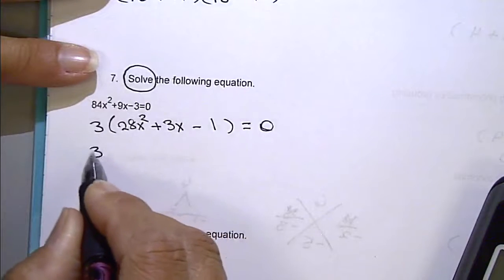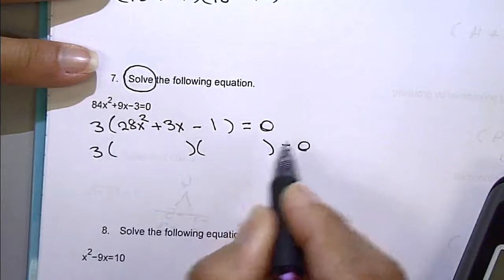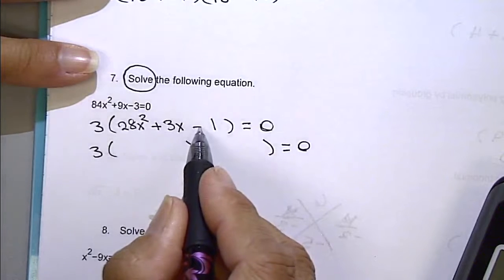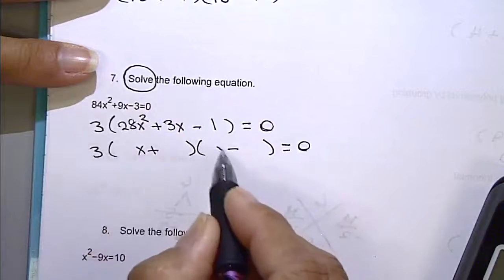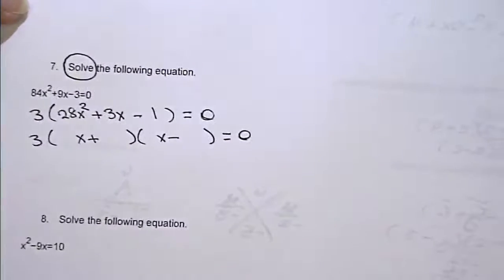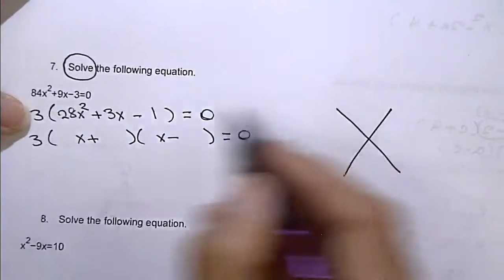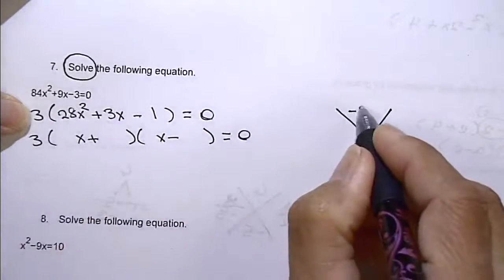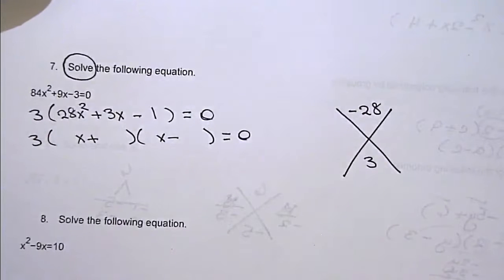We're going to say 3. I'm going to set up two binomials. I'm going to set them equal to 0. That negative in the second operation says use one of each sign. I'm going to factor the x squared, and I'm going to go over here and set my diamond up, or X puzzle, what you want to call it. Okay, so 28 times negative 1, negative 28. Middle term is 3.